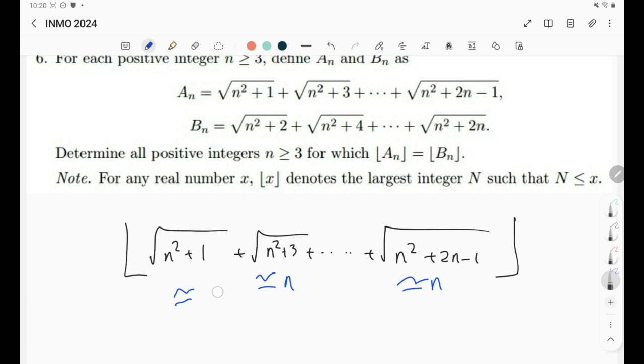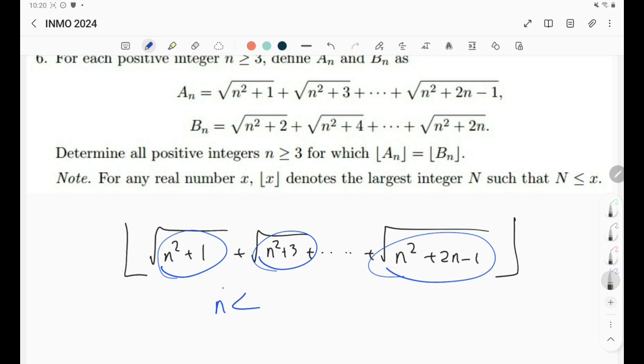Well, if you look at it, the stuff inside, for all of them, is greater than n squared, so the root of each should be greater than n. But they're all actually less than n plus 1 all squared, because that is just n squared plus 2n plus 1. As you can see, the greatest one here is 2n minus 1. So all of these are less than n plus 1 all squared, and when you take the square root, it's going to be less than n plus 1.